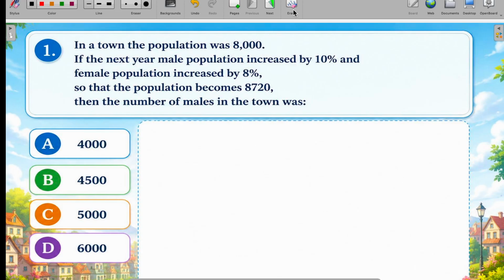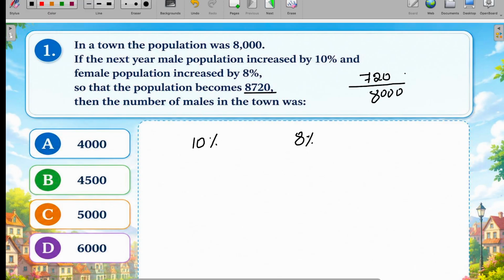So remember, whenever you have a situation like this, where males and females are combined, you can use allegation. How to use allegation? Initially males are increased by 10 percent, females are increased by 8 percent. Now the overall change is 720, which means how much percentage change overall compared to 8,000.